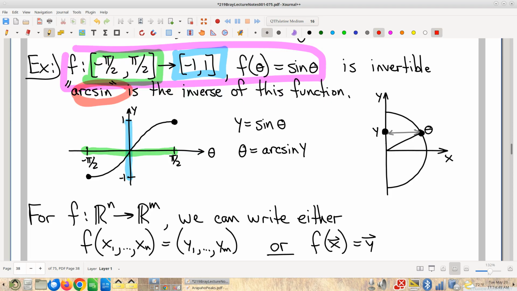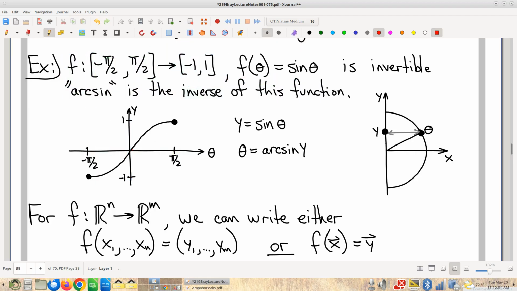Arcsine is the function that just kind of goes the other way. Okay, so if you give me one of those blue values, the arcsine is one of those green angles. Okay. All right, so likewise for the other 6 trig functions, make sure you're good with that.